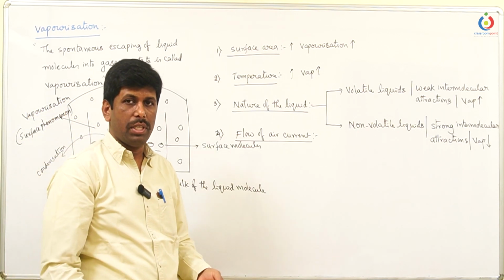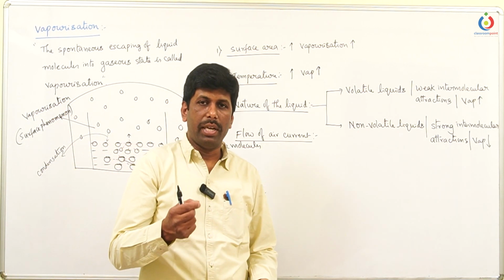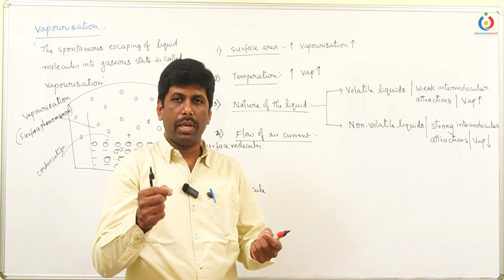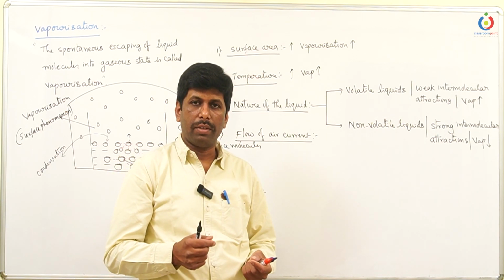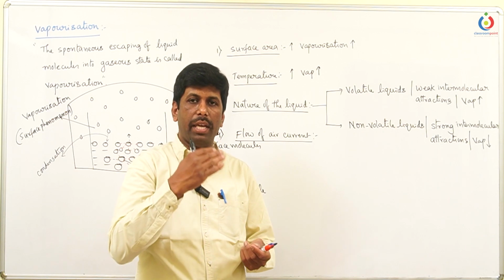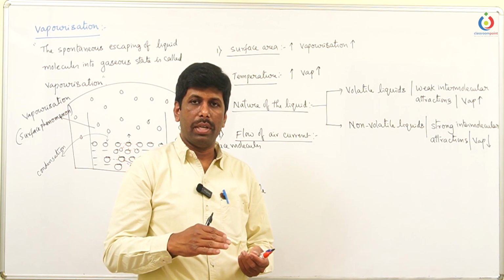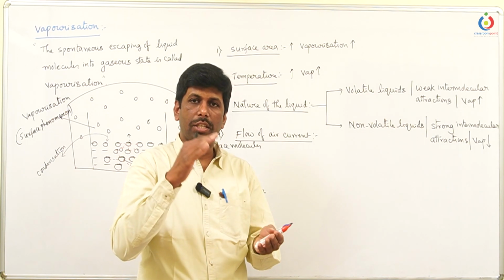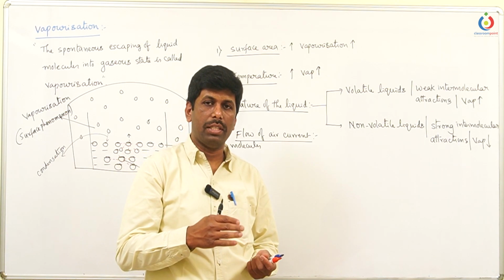That is the reason why whenever we take tea, we keep the tea in a saucer, so that whenever you blow air, the vaporization process automatically increases and exchange of heat energy also becomes very easy.